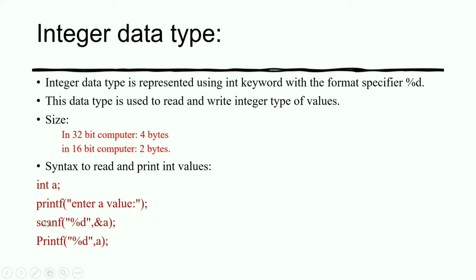Then we are reading the variable with %d as a format specifier for the integer value and &a. Then printf %d. We are saying that we are printing an integer value and we are printing the variable called a. So this is the syntax to print the integer data type. In the next video, I will clearly explain scanf and printf statements.